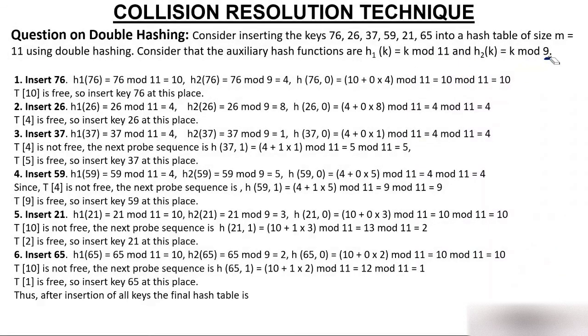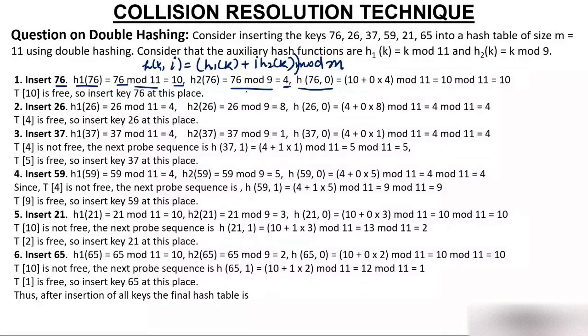Now I will solve the question. You have to insert 76. So first of all, the first hash function: h1(76). What is 76 mod 11? It gives you 10. Now h2(76), where m dash is 9, gives you 4. Now you put it in the formula h(76, 0), because the formula was h(k, i) = (h1(k) + i * h2(k)) mod m.